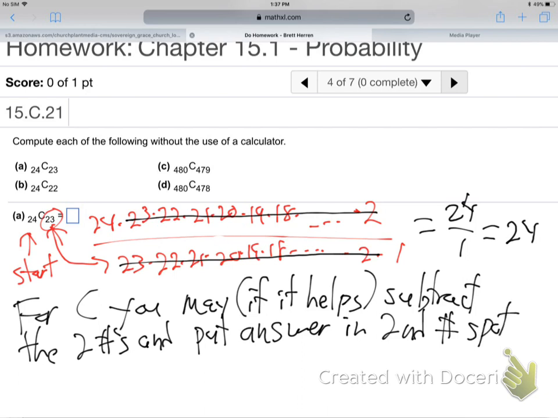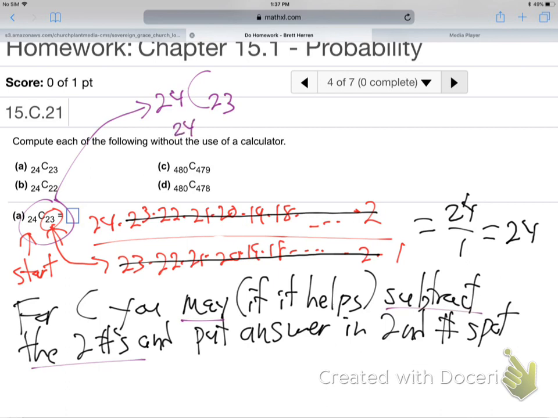What am I talking about? So let's redo this question, and we'll do it so much easier using this rule. Let's do this one again. I'll bring it up here. 24C23. What I'm saying is you may subtract the 2 numbers. You may. It's going to give you the same answer.